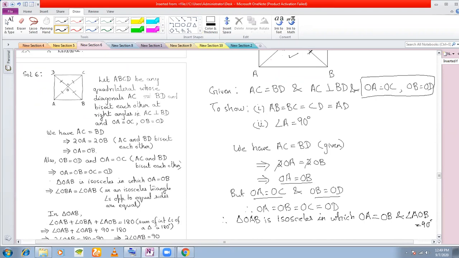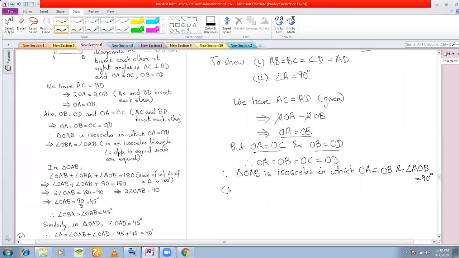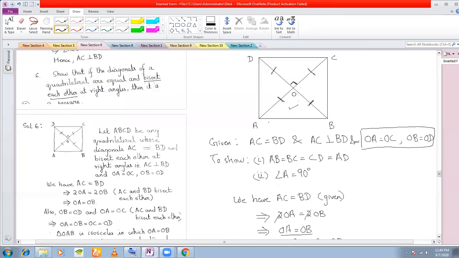This is equal to 90 degree. So in brackets, you can write here. In fact, triangle OAB is an isosceles right angle triangle. Okay.